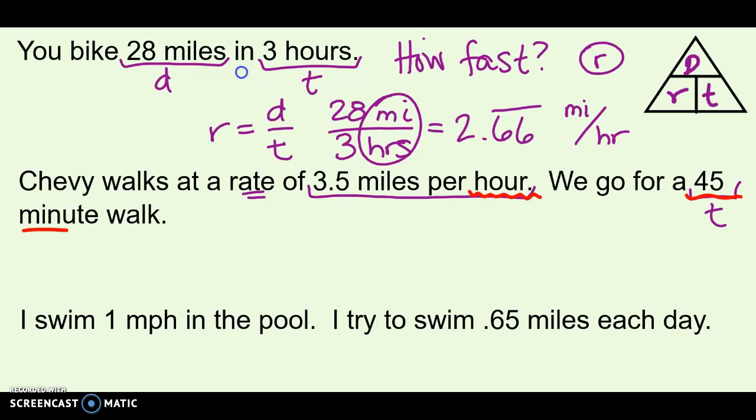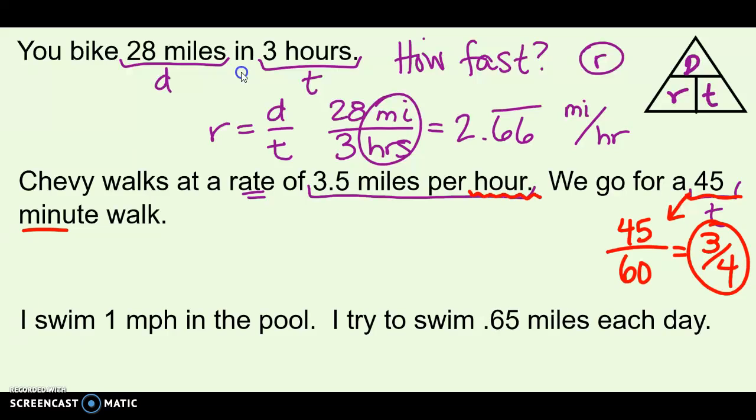So I'm going to have to change one of those. I can't do the problem with 2 different units of time. So let's convert this. 45 minutes out of an hour, out of 60 minutes, that would simplify to, if I divide them both by 15, I get 3/4 of an hour. So let's use 3/4 of an hour as my time, then everything will match.